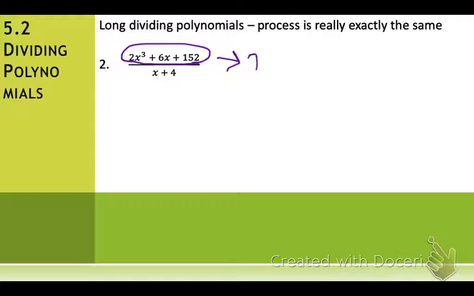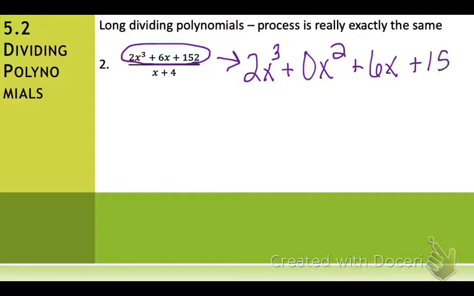I'm going to rewrite this as 2x cubed plus 0x squared plus 6x plus 152. So you'll see again in a minute why I do this. There weren't any x squared, so that's why I gave a placeholder. I always want division problems to go degree 3, degree 2, degree 1, degree 0.